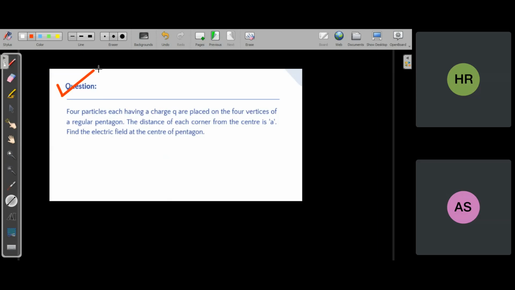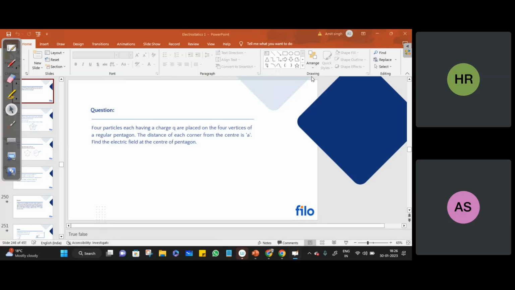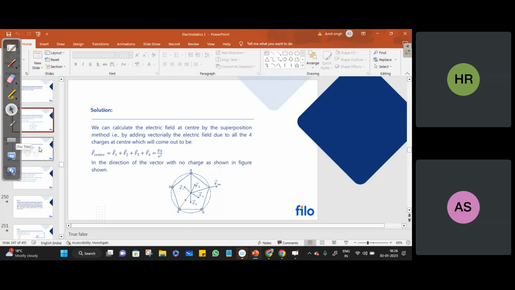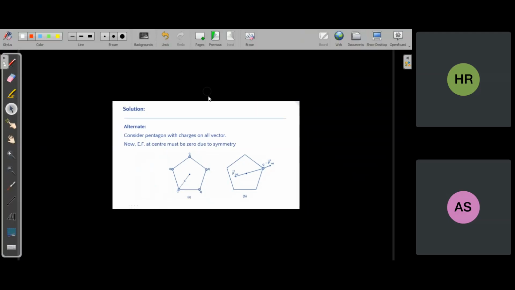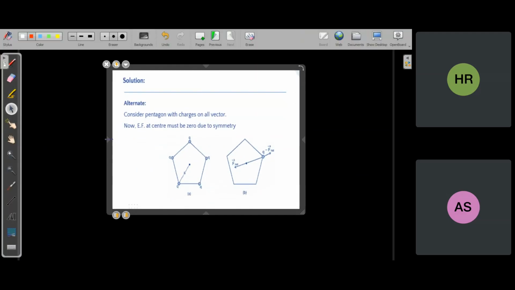If equal charge is placed on all the five vertices, it will be zero. Yes, sir. Now one charge is removed from one vertex, so charge is there only on four vertices. What will be the electric field at the center? Sir, it is the electric field due to the charge of one vertex only. Understood. Yes, sir, understood. Okay.